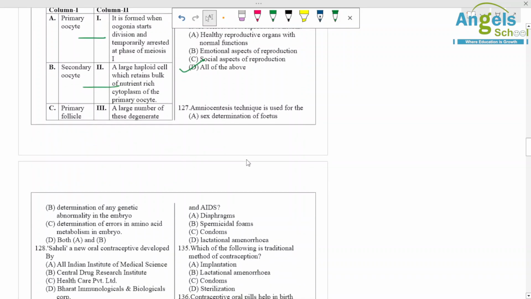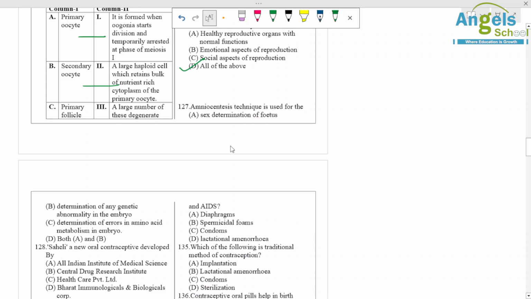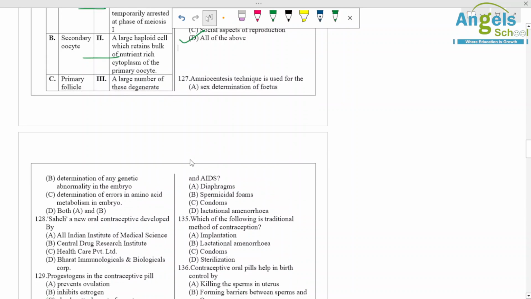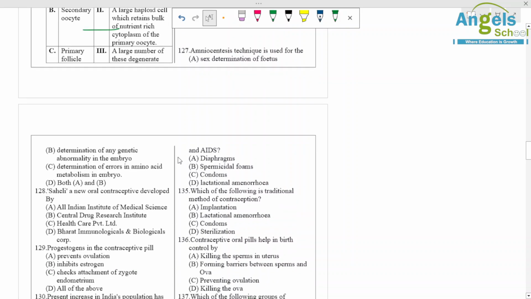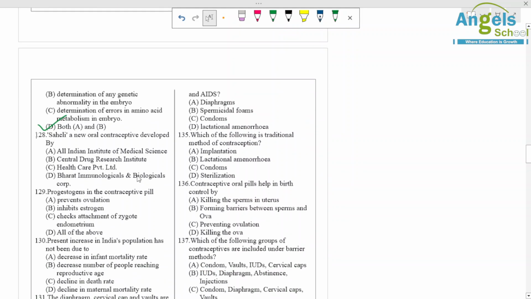Amniocentesis technique is used for sex determination of fetus and determination of any genetic abnormality in embryo. So both A and B are correct. Determination of error in amino acid metabolism in embryo, that we can't detect through amniocentesis.